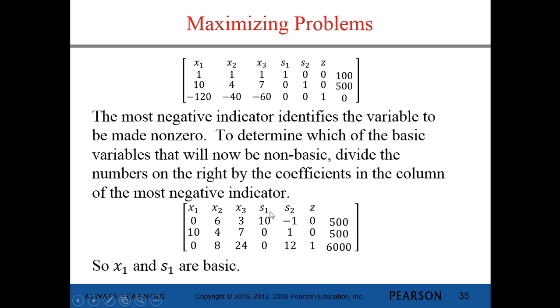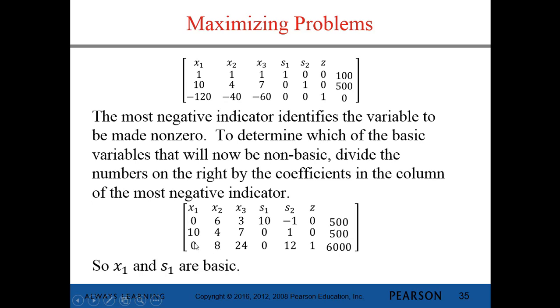So that means S1 is going to be the other basic variable. And so X2, X3, S2 are all 0.